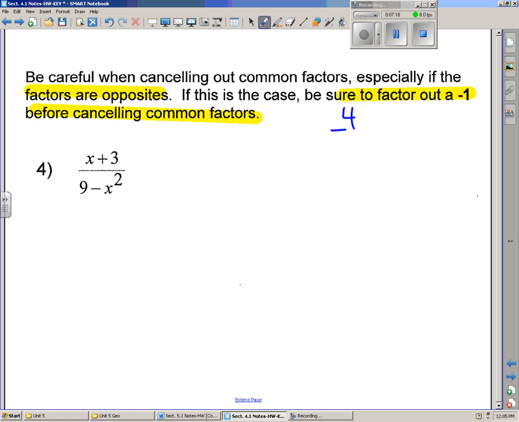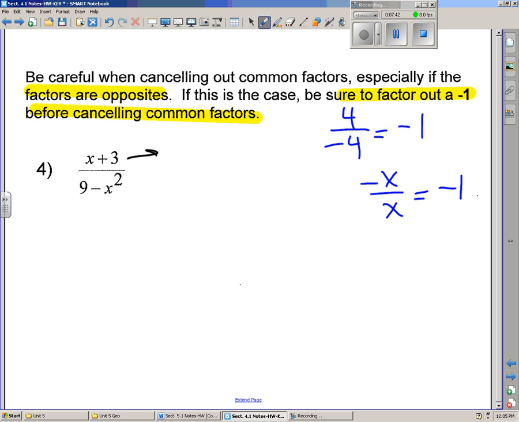If we asked you for 4 divided by -4, the answer is not 1, it's -1. Okay, if we asked you for something like negative x divided by positive x, the answer is not 1, it's -1. So if your factors are opposites of one another, then they cancel to a -1. So let's see what happens.